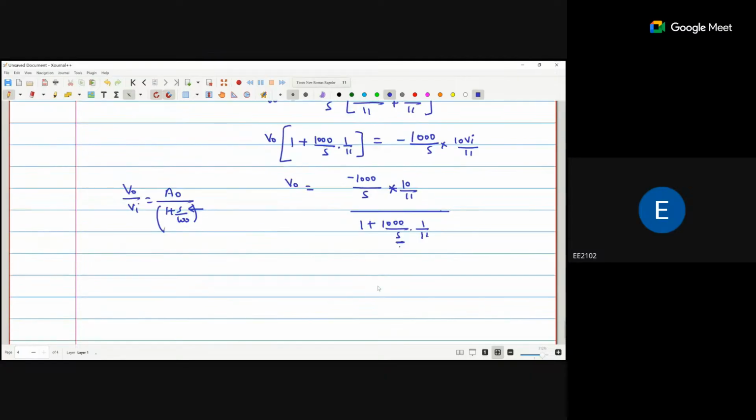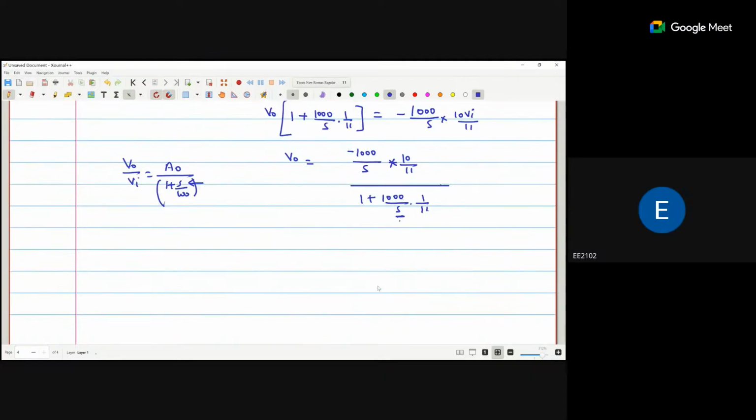So what should I do? I just take common all this particular thing. Minus 1000 by S into 10 by 11, over, in the denominator, when I take 1000 by S into 1 by 11 common, it becomes 1 plus S into 11 by 1000.